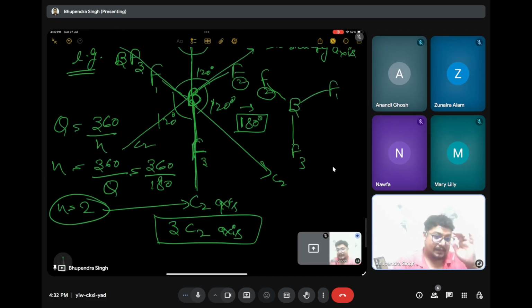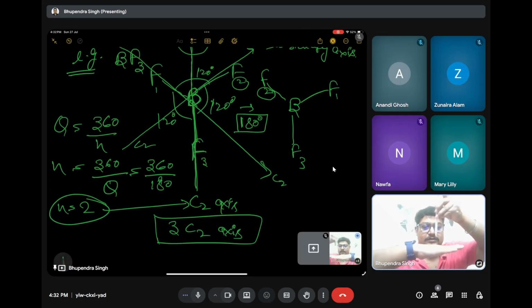But still, I have told you this is a planar molecule. This is boron. Now this time the axis is passing through this boron perpendicular to the plane. One F is here, one F is here, one F is here.